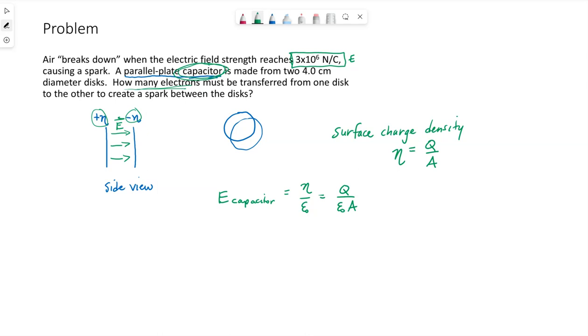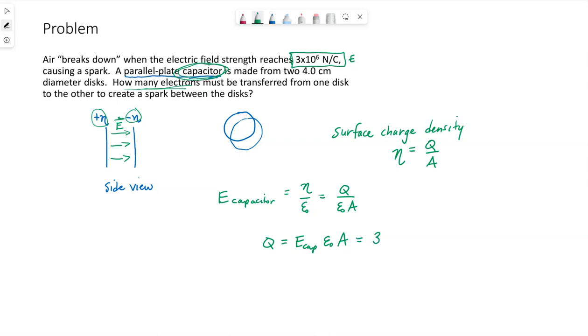So as far as our equation is concerned, we can solve for the charge that needs to be on the plate, so the number of electrons more on the negative plate that need to be there in order to have this electric field. This Q is not the number of electrons, it's the amount of coulombs.